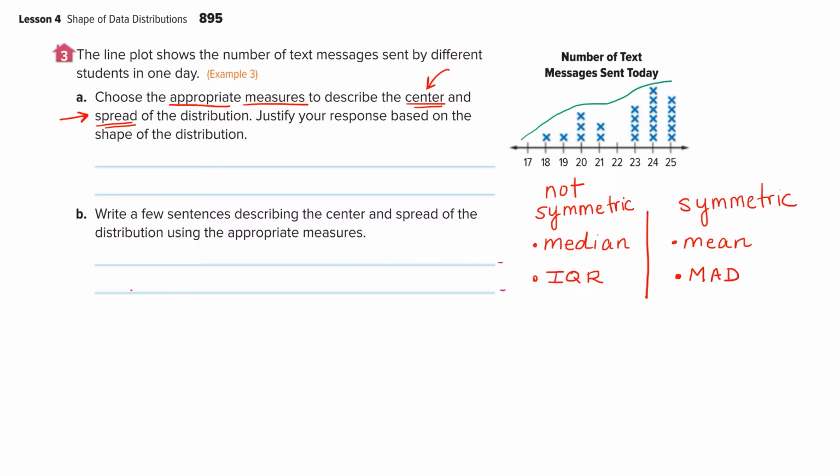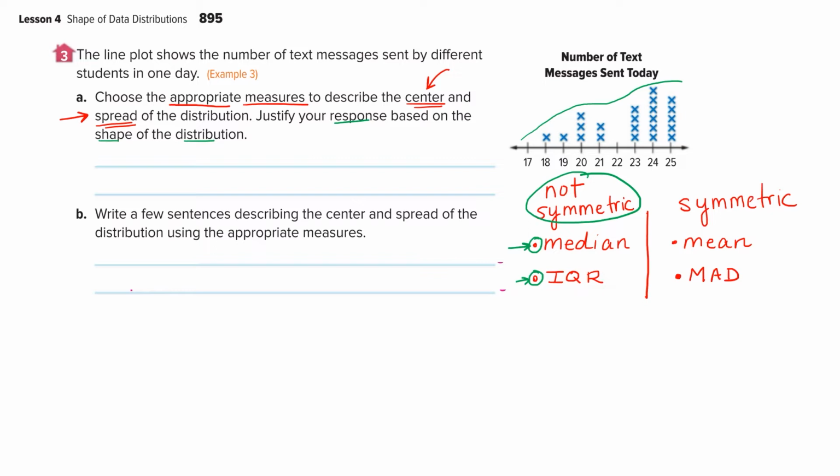Does that look symmetric to you? It is not symmetric. So this means that we would find the median and the interquartile range. Here it says justify your response based on the shape of the distribution. So basically they're asking us now to find the median and the interquartile range.